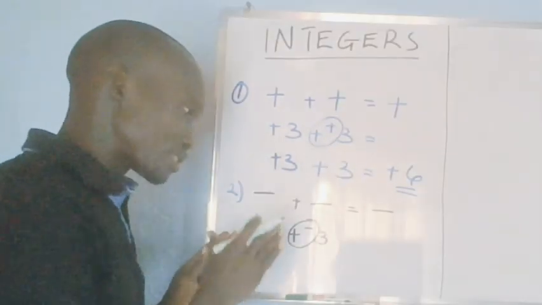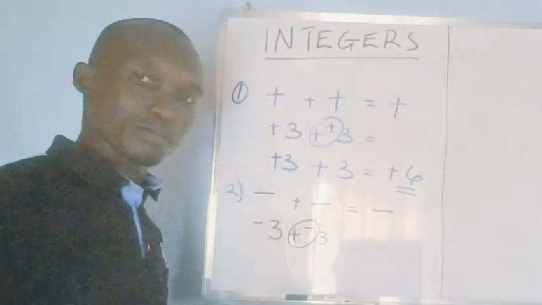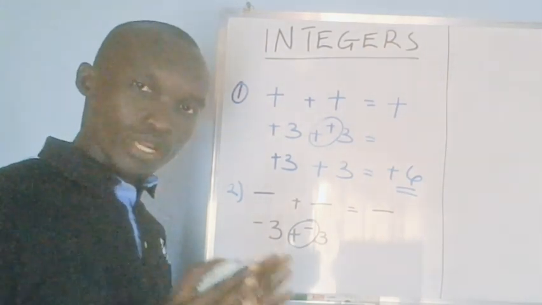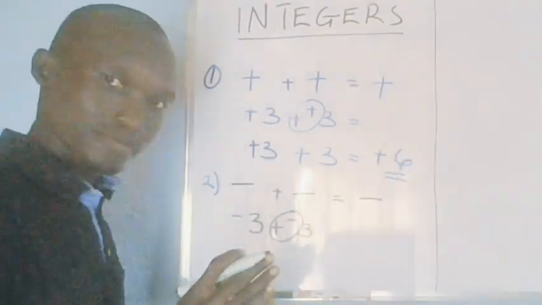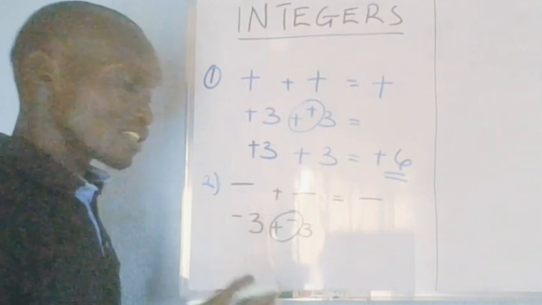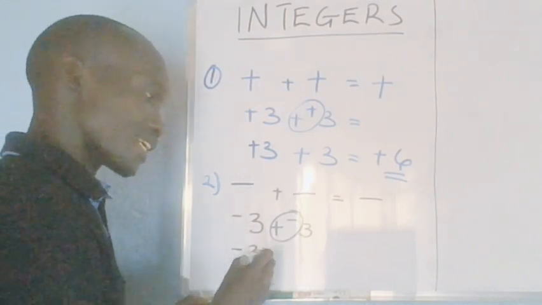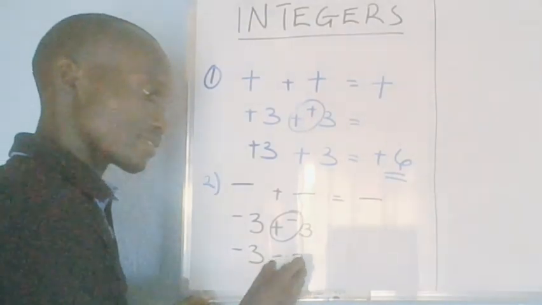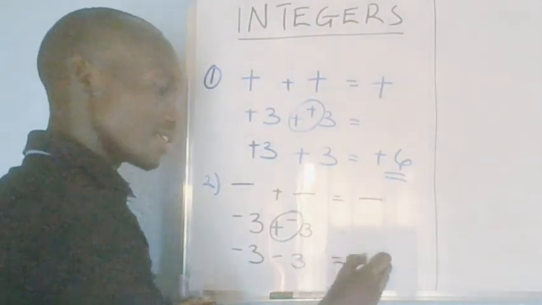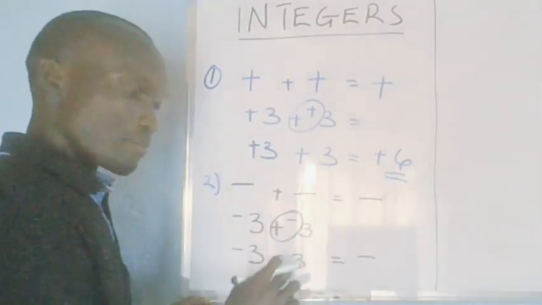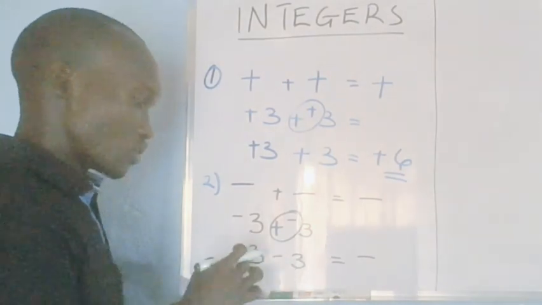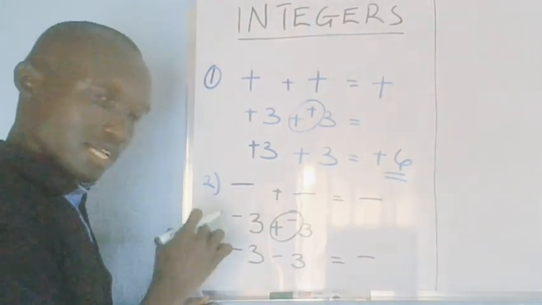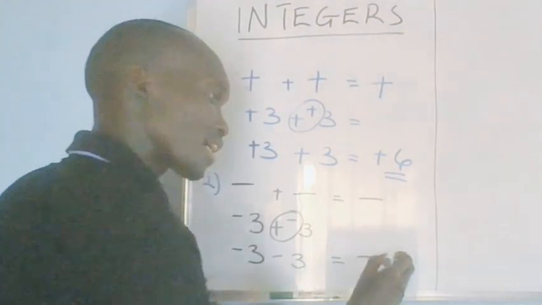Whenever you have a positive and a negative sign in the middle, the resulting answer will always come out negative. So in this case, we are going to have negative 3 minus 3. You just go 3 steps, and then you go another 3 steps, so this will be negative 6.